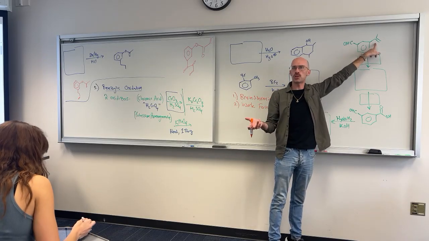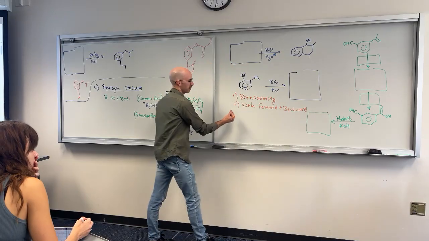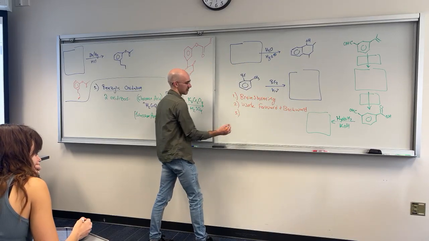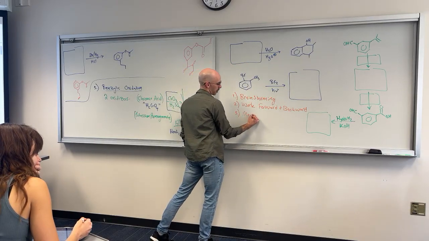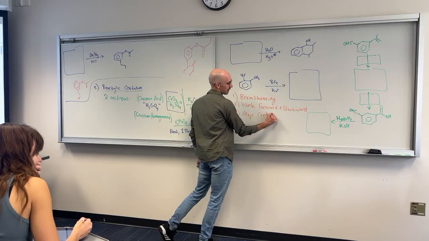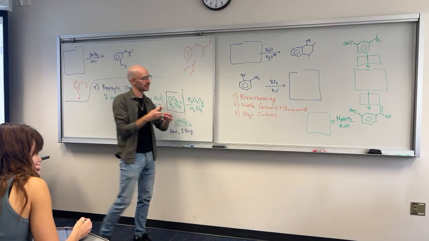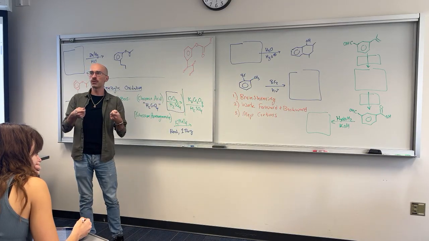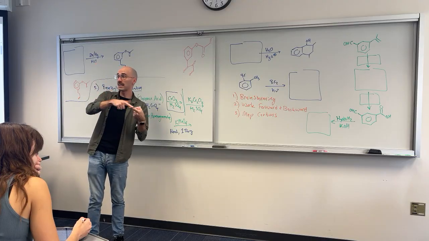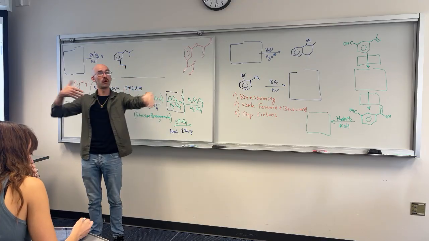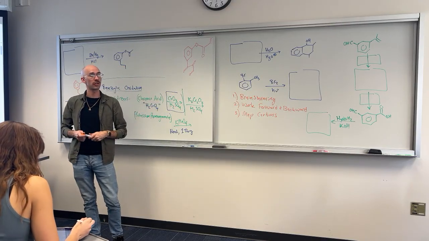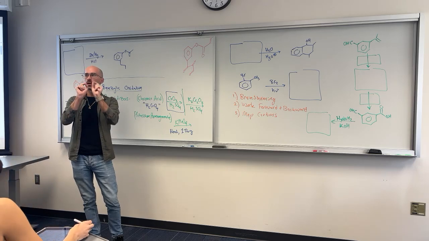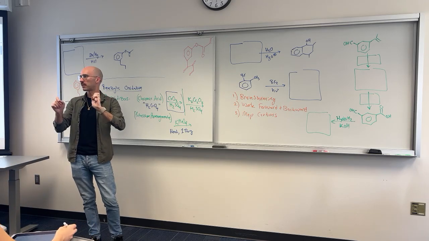You've got options. The other thing I say, I normally put this as number 1, is map your carbons. You don't really need to do it in this multi-step synthesis, but it can help you figure out if you're adding carbons to a structure or removing carbons from a structure, and it can help you pinpoint where a reaction is happening.